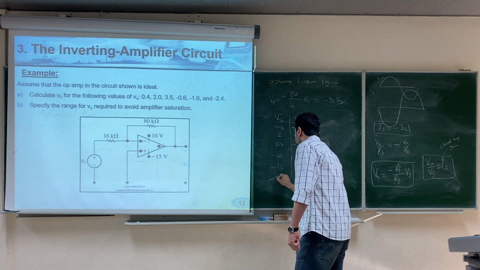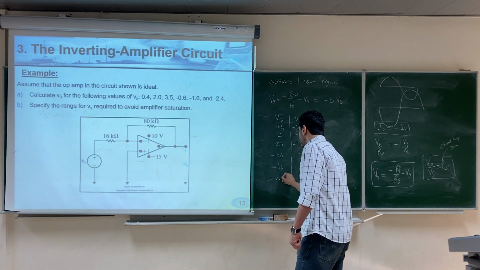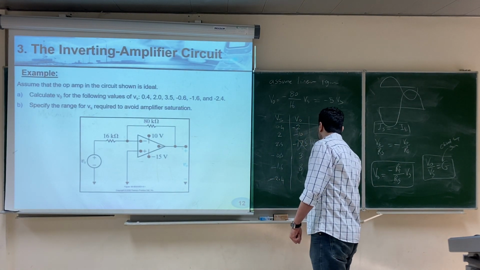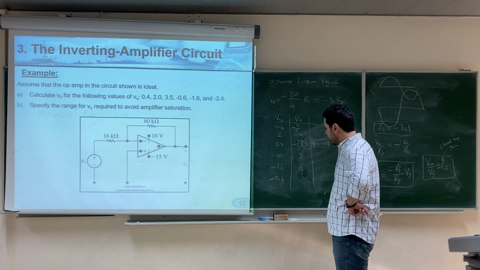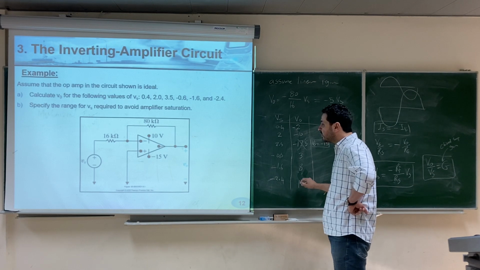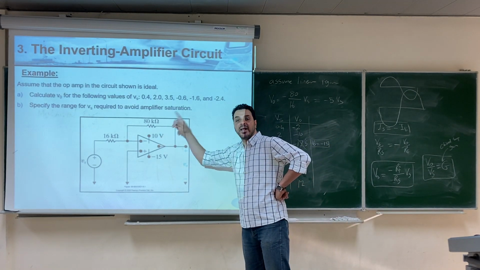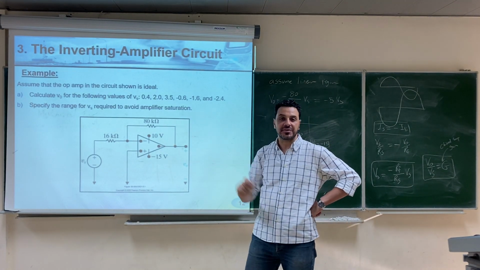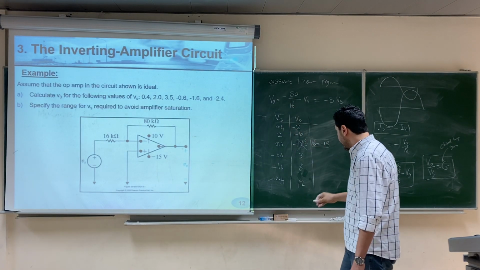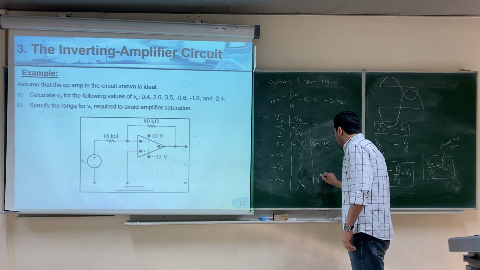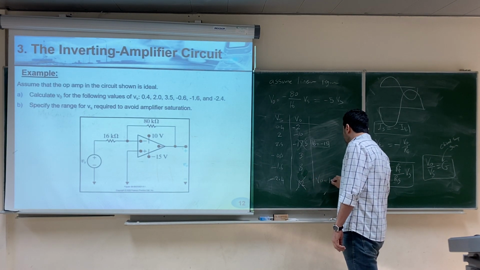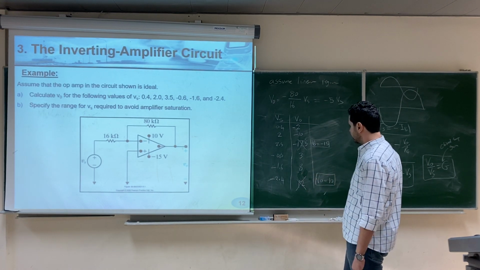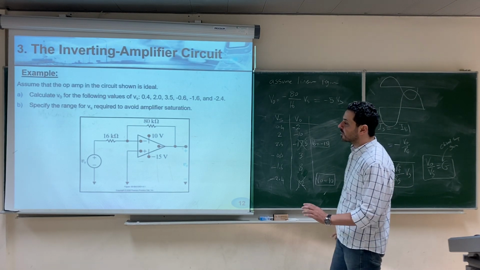Finally, if Vs is negative 2.4, then the output, negative 5 multiplied by negative 2.4, will be 12. But 12 is higher than 10, and we said that V output cannot go above 10. So this answer is wrong, and the amplifier is going to saturate at 10. This is for the first part.